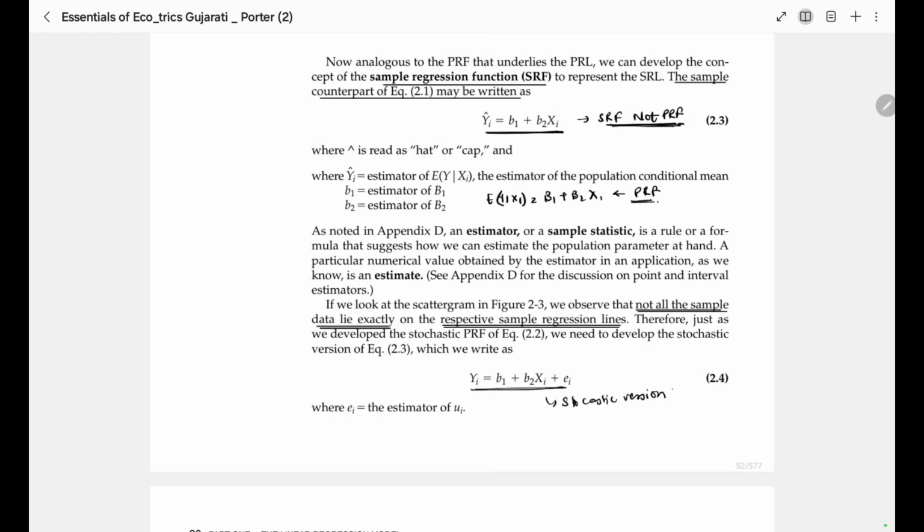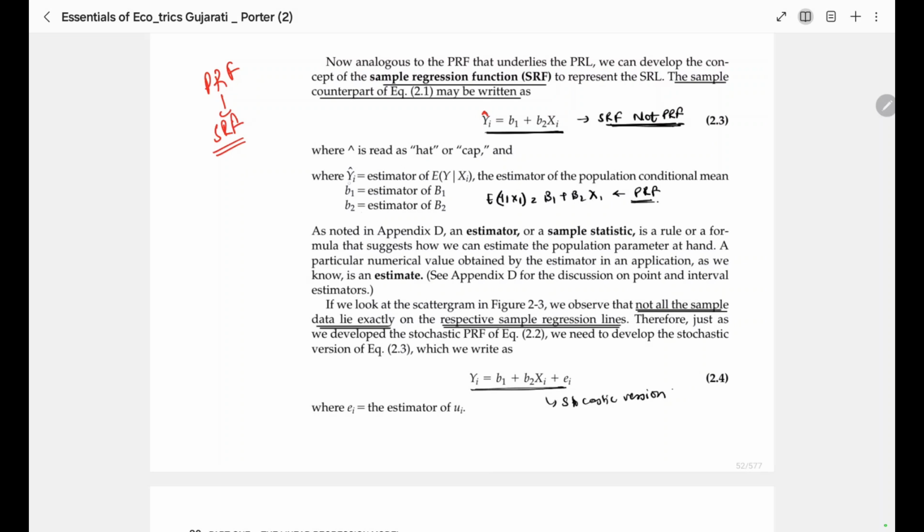Now this time, instead of the population regression function, we draw a sample regression function. In the sample regression function we have, say, y hat equal to b1 plus b2 xi. We are using small letters here to indicate that this is a sample regression function, not a population regression function. Hat indicates that this is an estimated value.